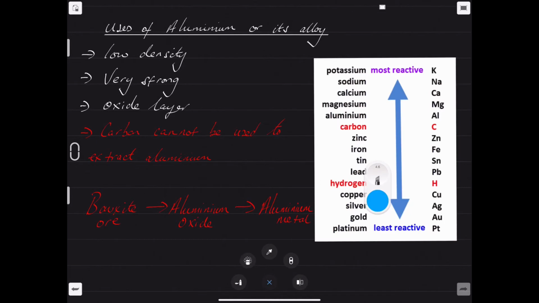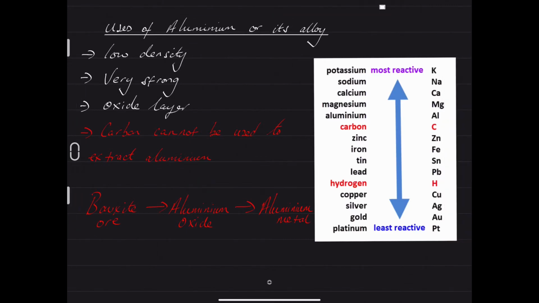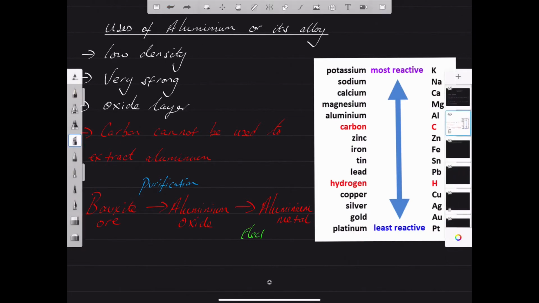And what I'll do is I'll just put, we'll say, purification from bauxite ore to aluminium oxide, and here we'll have electrolysis taking place to get our pure aluminium metal.